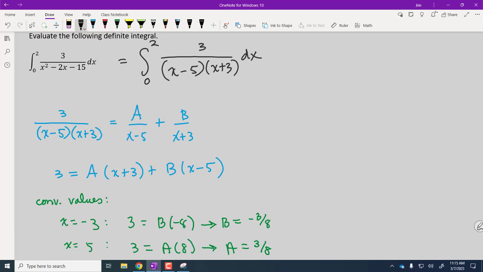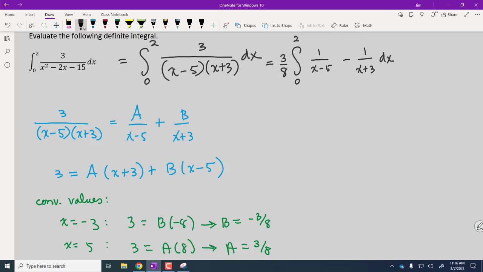So we can rewrite our integrand. We could just pull the 3/8 all the way to the front. Let's do that, that'll be easier. So 3/8 in front. Then we're going to have 1 over x minus 5 minus 1 over x plus 3 dx.